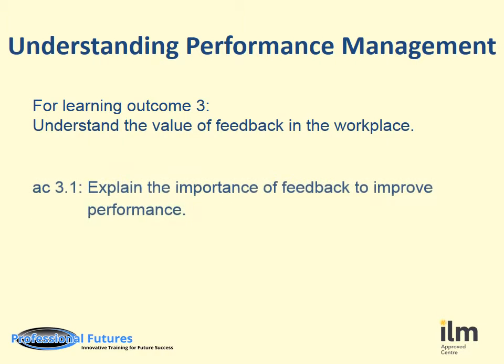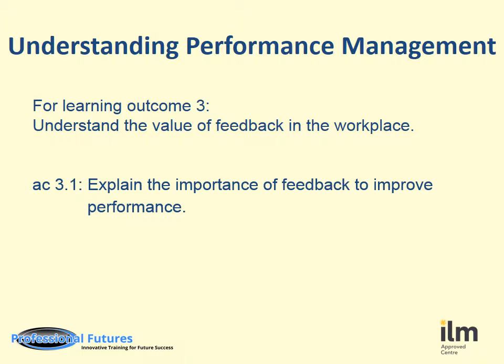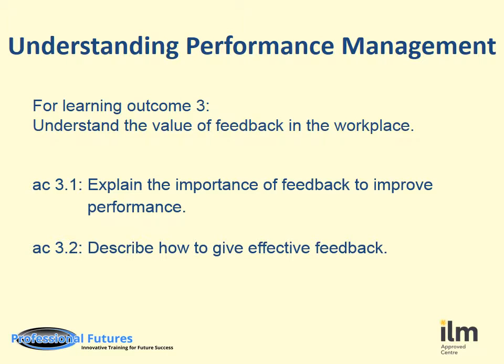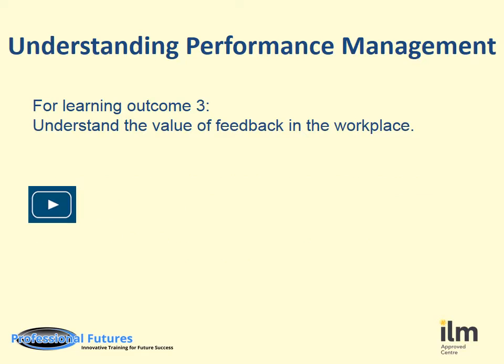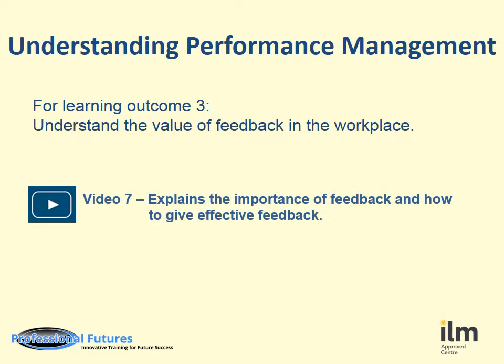Assessment Criteria 3.1 asks you to explain the importance of feedback to improve performance, whilst Assessment Criteria 3.2 asks you to describe how to give effective feedback. To support you with Learning Outcome 3, there is a video which is Video 7, and this one explains the importance of feedback and how to give effective feedback. This is the only video that you will need for Learning Outcome 3.